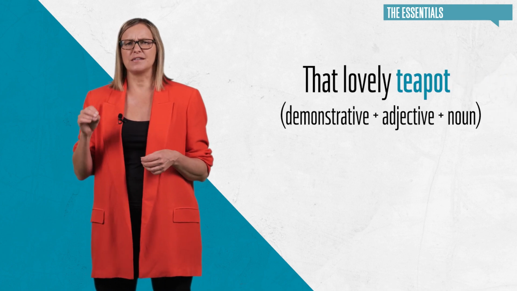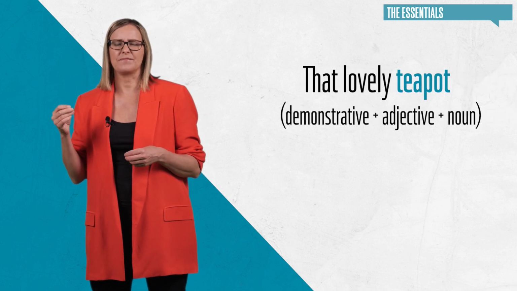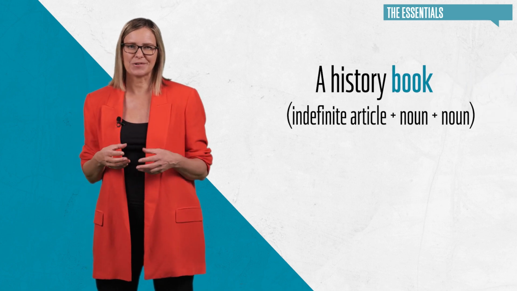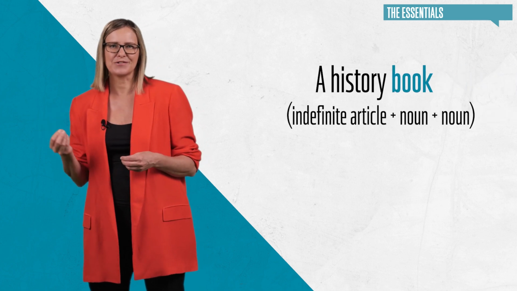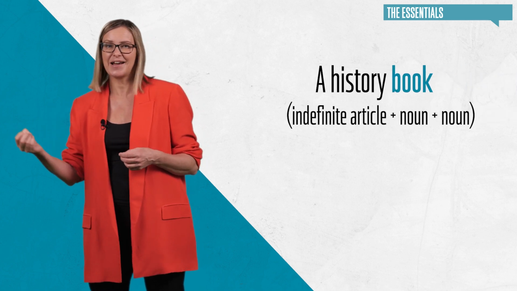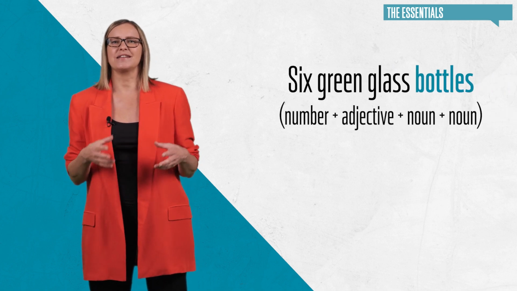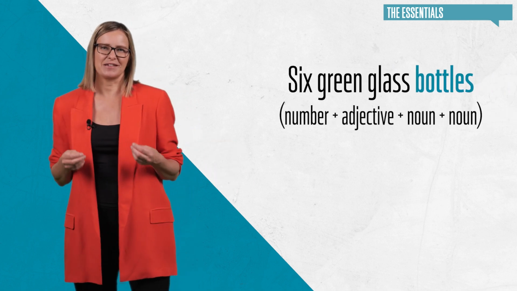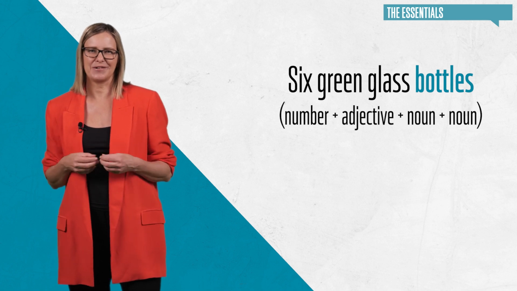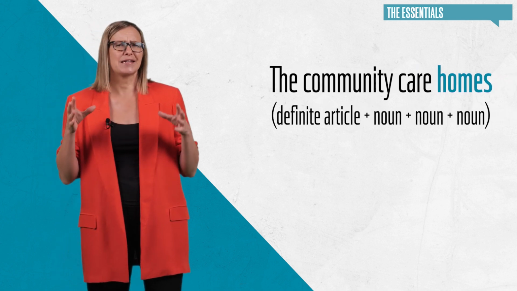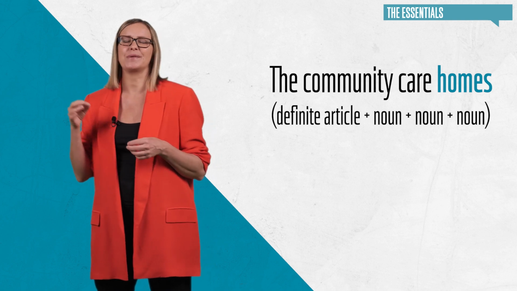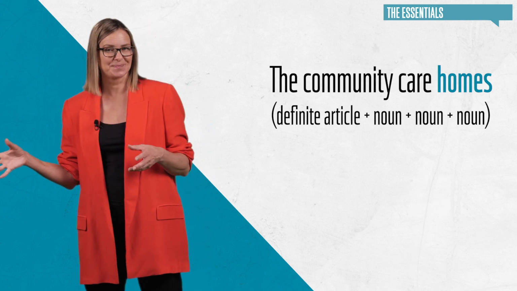That lovely teapot, demonstrative adjective plus noun. A history book, indefinite article plus noun plus noun. 6 green glass bottles, number plus adjective plus noun plus noun. The community care homes, definite article, noun plus noun plus noun.